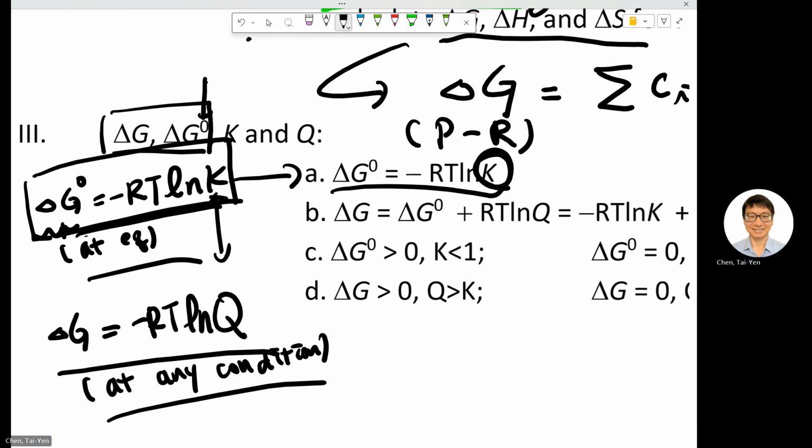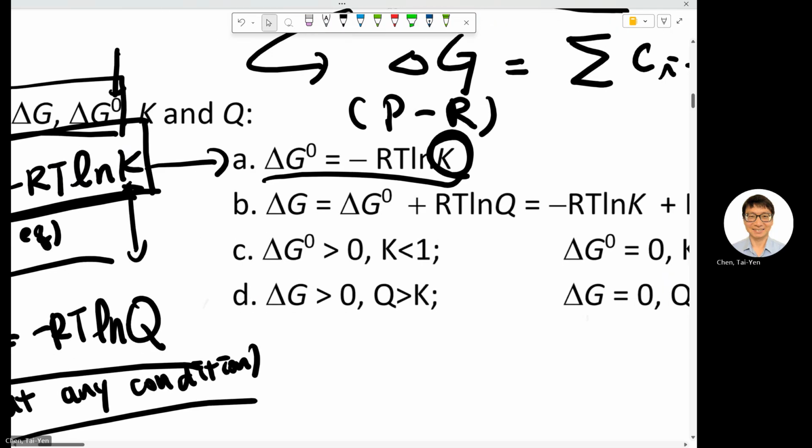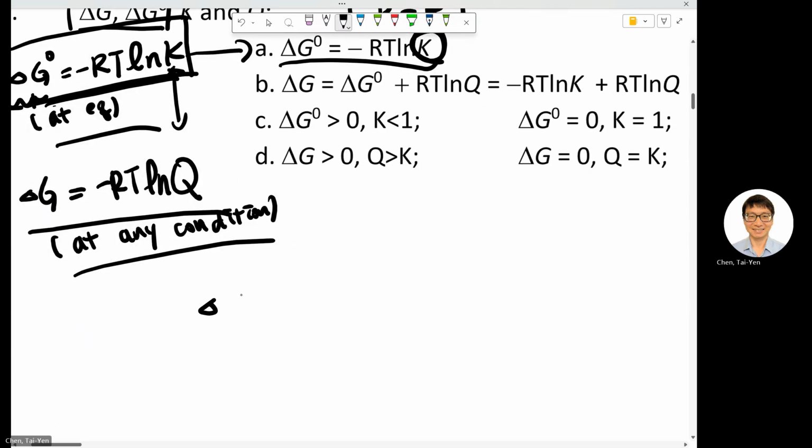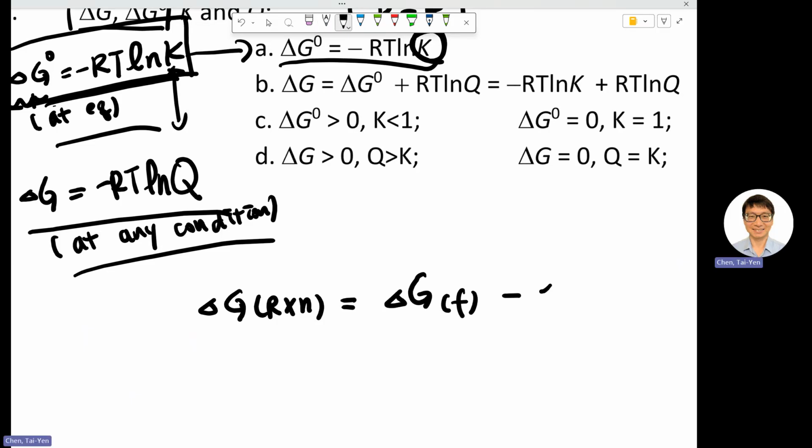So how do you write out that delta G for the reaction? Delta G for the reaction will be your delta G final minus your delta G initial, right? What will your final state be?